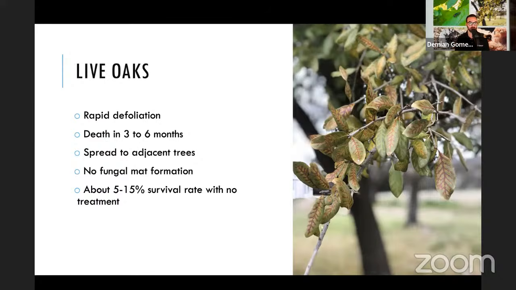Fungal mats are only produced in red oaks. And if you let these trees get oak wilt and you don't do any management, and we're going to be talking about management in a little bit, typically you expect to find a 5 to 15% survival rate with no treatment, right? So after an oak wilt center is developed in live oaks, you expect to see that some of them are actually going to survive.